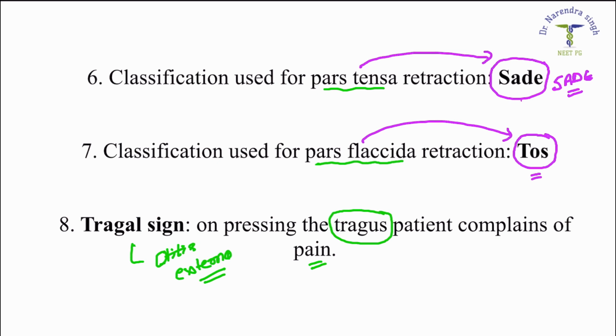Because of the inflammation of the external auditory canal, tenderness is present, which is elicited by pressing the tragus inwards. This is known as tragal sign. So this covers two questions: what is tragal sign, and in which disease the tragal sign is positive.